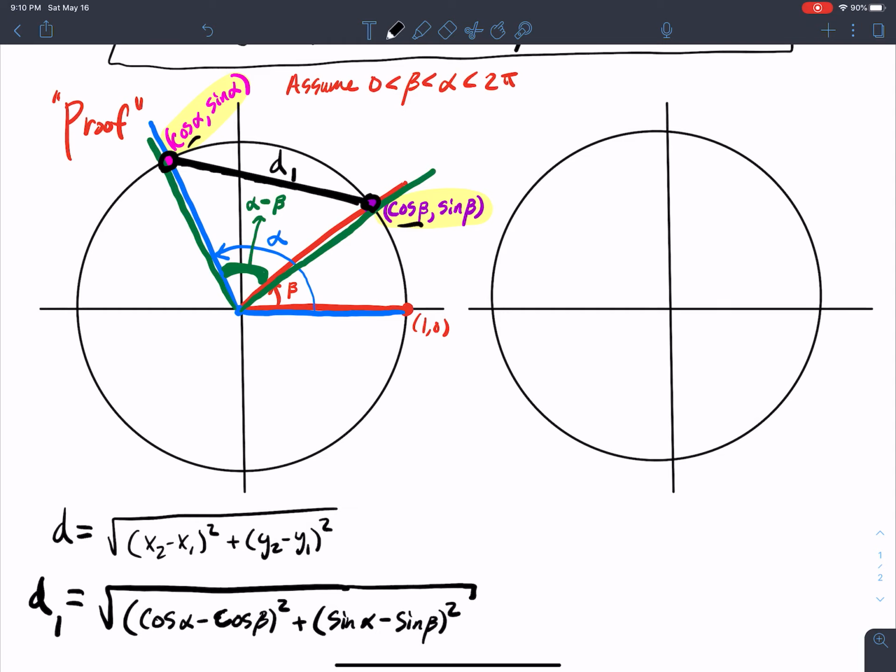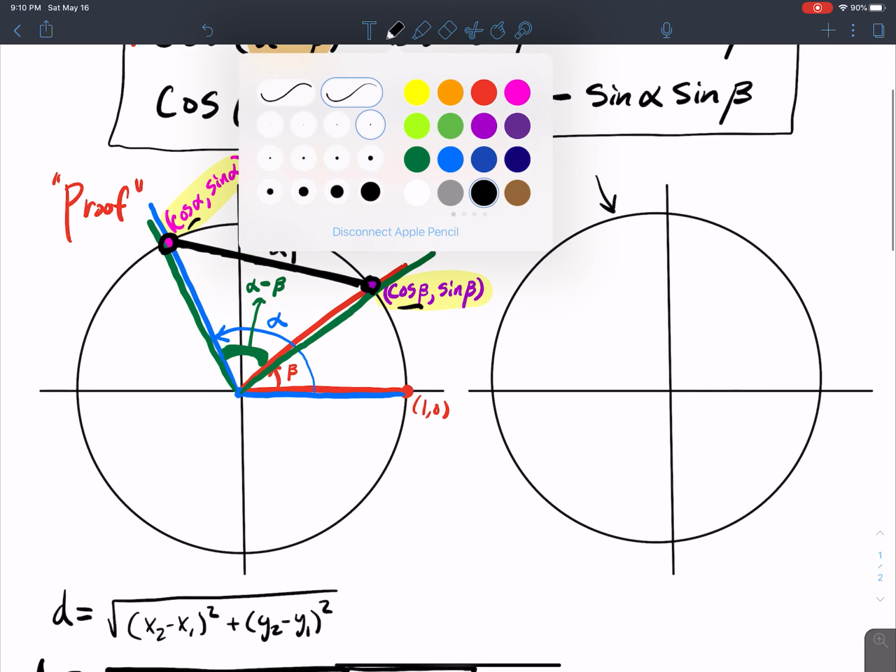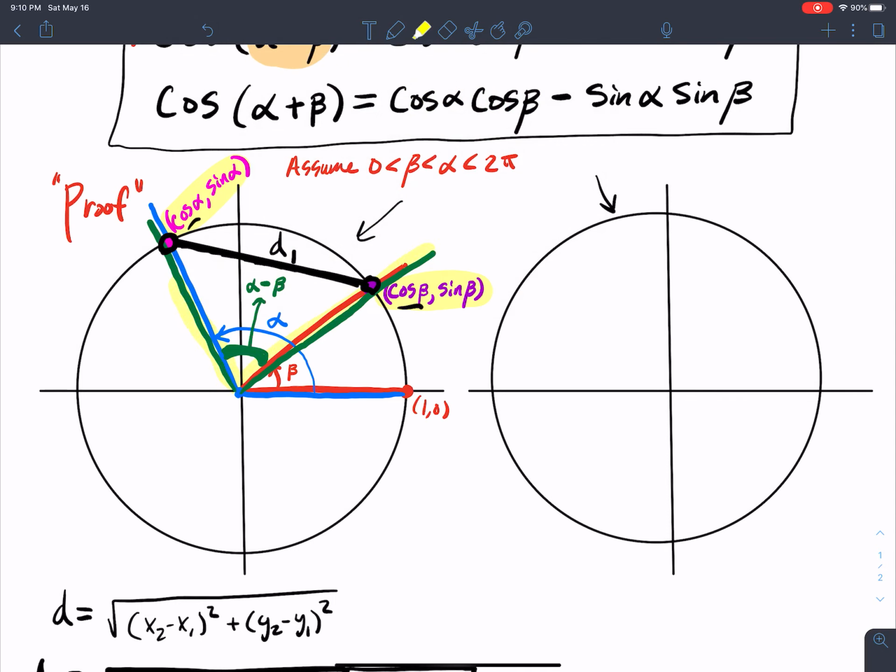Now here's what I'm going to do with this picture. I'm going to redraw it over here, but what I'm changing is I'm going to take this green angle, alpha minus beta, and put it in standard position. So I'm going to start over here, and this point right here now is 1, 0.